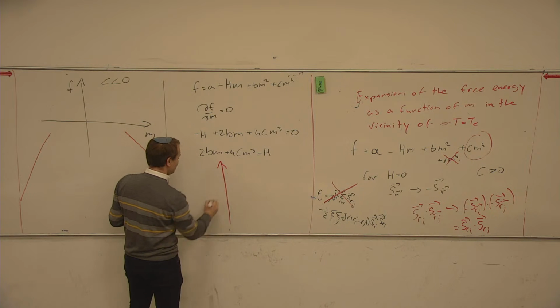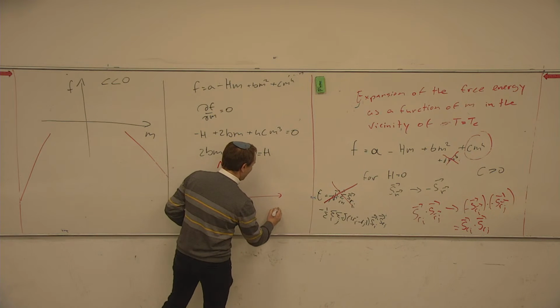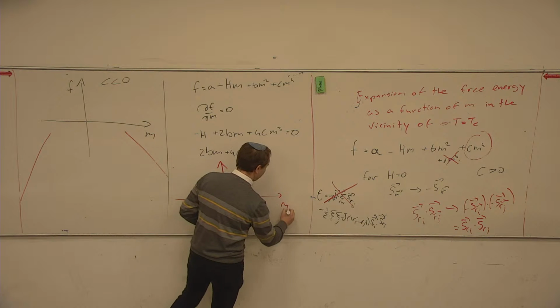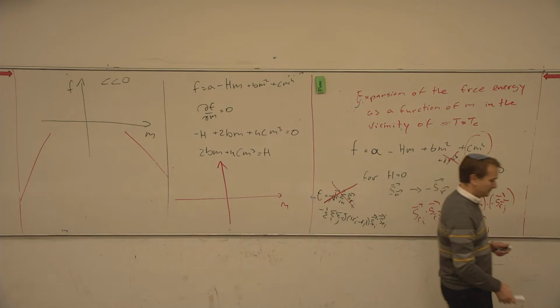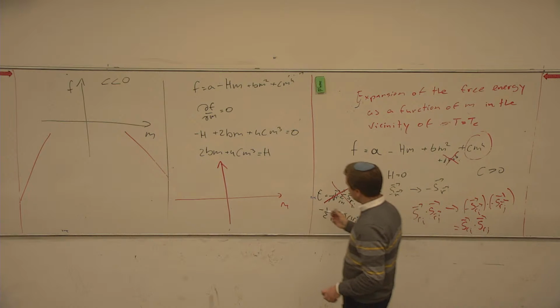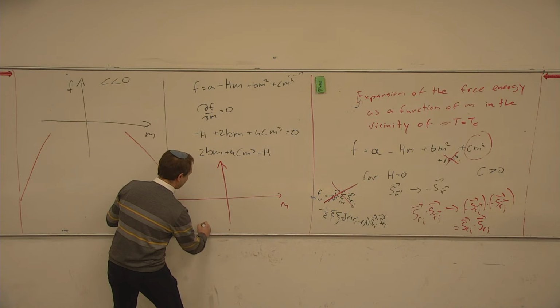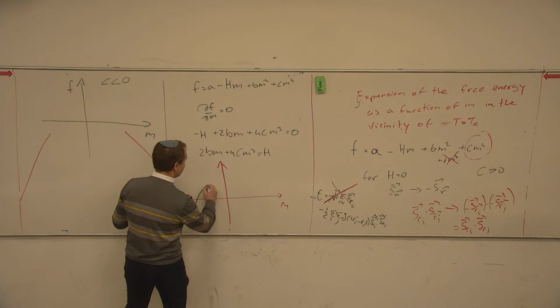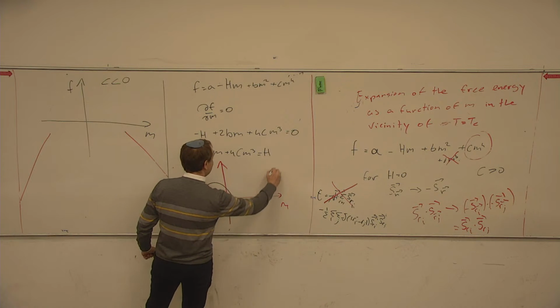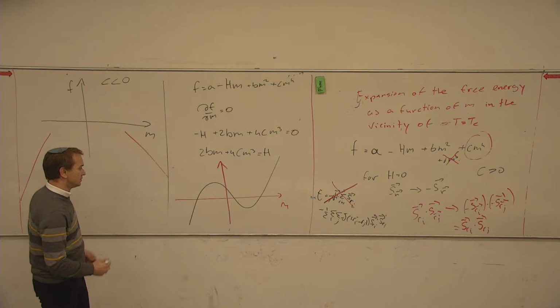So if we plot this as a function of m, the possible solutions are, it can go like this, right? It can go like this.